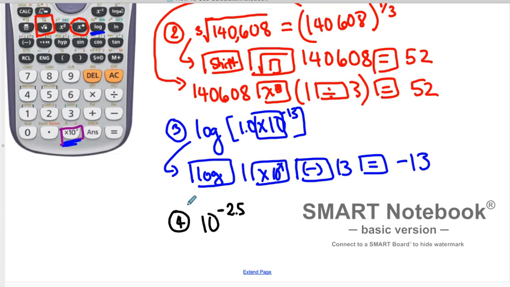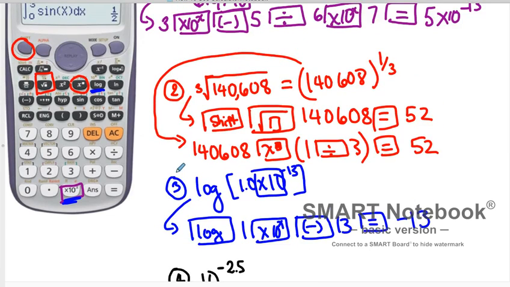For the last question now, we need to take 10 and put the exponent of negative 2.5. To do that, we're going to actually use the log button because we want to access this golden function here, 10x. To access that function, we have to press this button, but we must press Shift first.